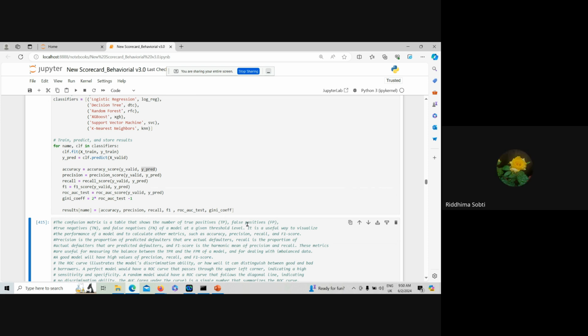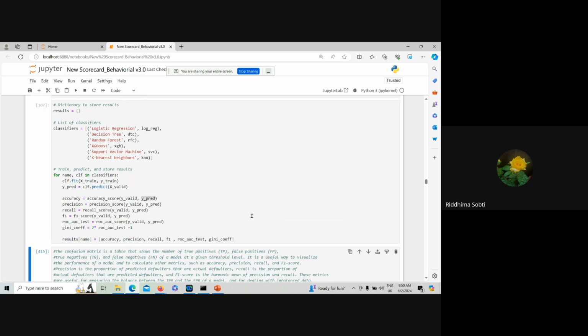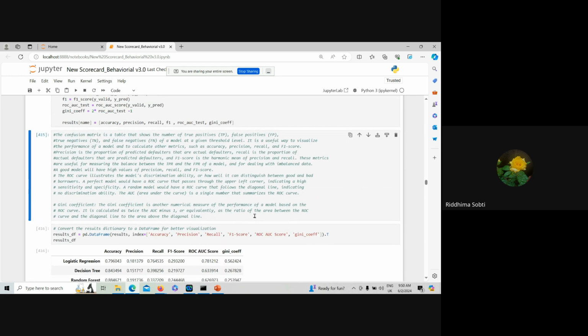Sir, one thing, like you said in logistic, because of the explainability, we get the coefficients, whereas in other machine learning algorithms like XGBoost and gradient boost, we are not able to get the coefficients. So is it that we can't make a scorecard from those algorithms? No, you can make a scorecard.